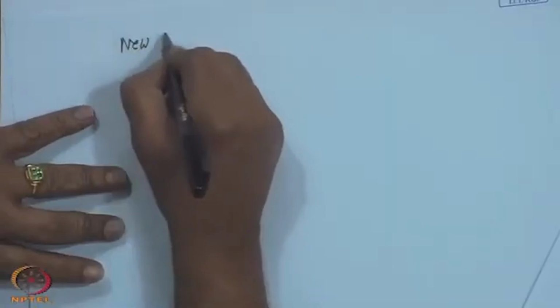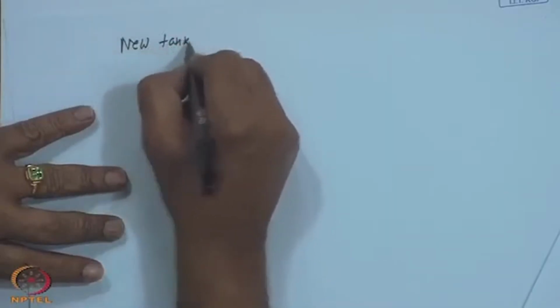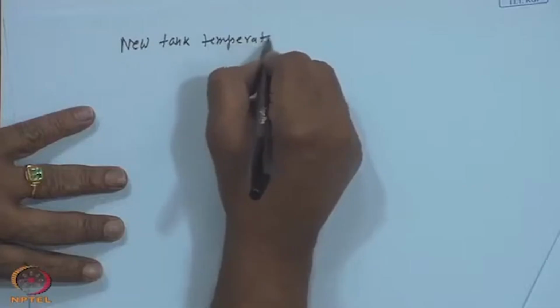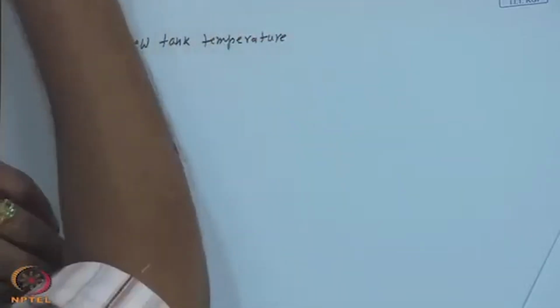So, now the new tank temperature, or at least I have got a basis, should be somewhere in between these two numbers. T tank 2 I will call it, T I bar plus T minimum by 2.